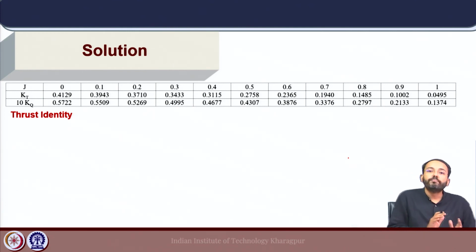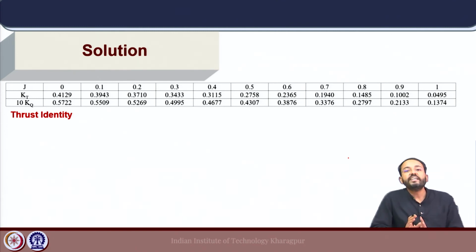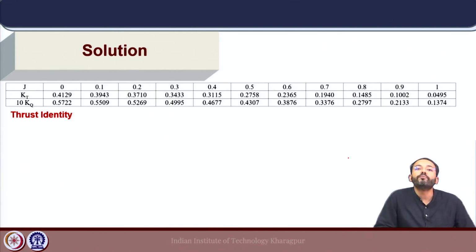A brief recap: thrust identity assumes that the thrust produced by the propeller in the behind hull condition is the same as in the open water condition for the same RPM, and that leads to the condition where Kt, the thrust coefficient, is the same in the behind hull condition and the open water condition.